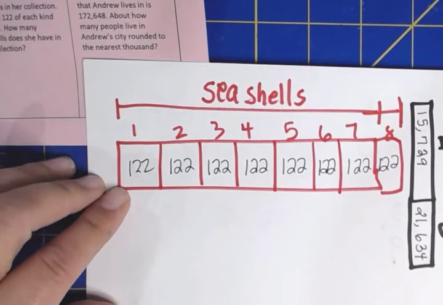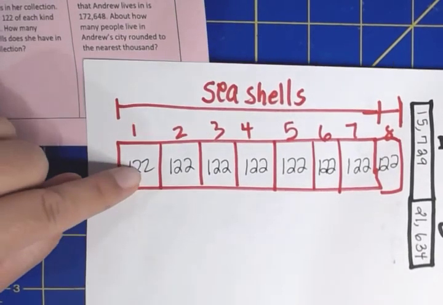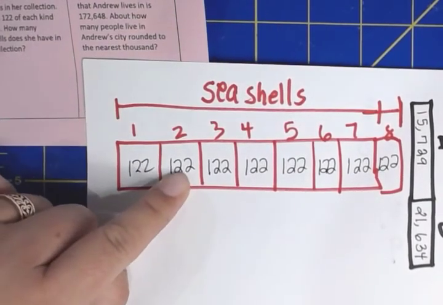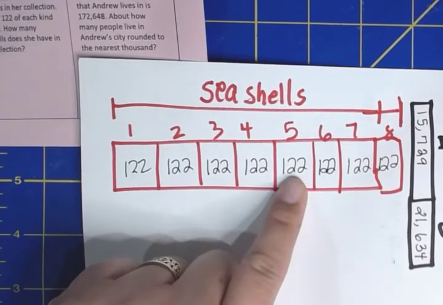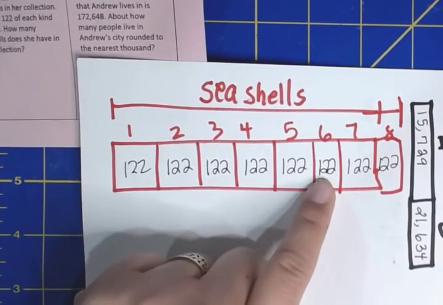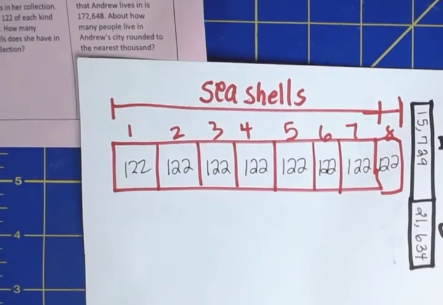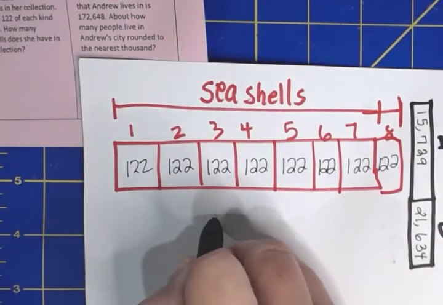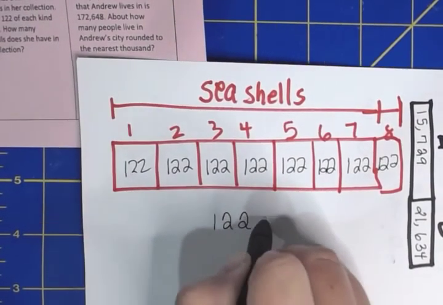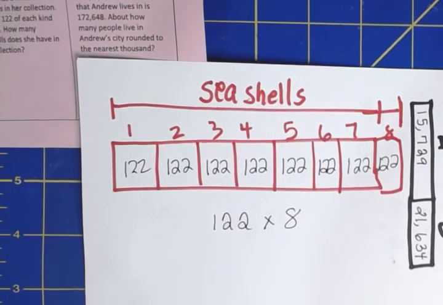It's going to be really hard to say 122 plus 122 plus 122 and so on. So the easiest thing to do here, since it's repeated addition, is to take 122 and multiply it by 8, because she has 8 kinds of seashells.